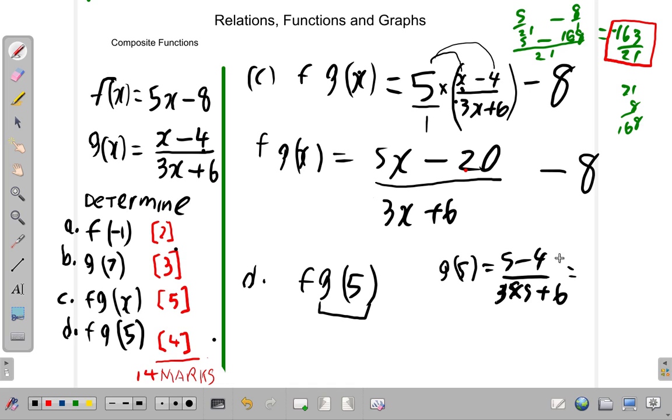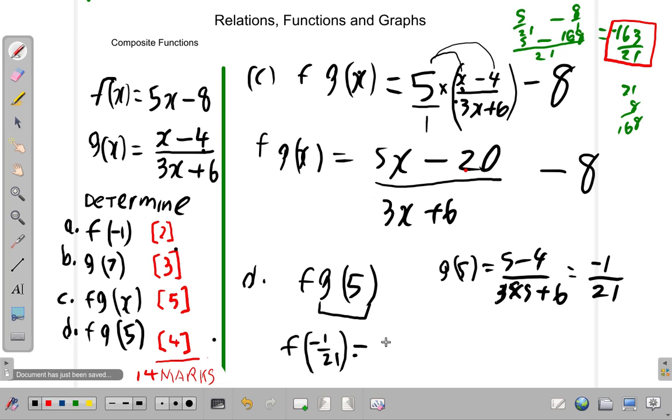So we have 5 minus 4 is going to be negative 1 over 3 times 5, 15, 15 plus 6 is 21. That's g of 5. Now, to find f of g of 5, we're going to find f of negative 1 over 21, because g of 5 is negative 1 over 21. So it's f of negative 1 over 21.